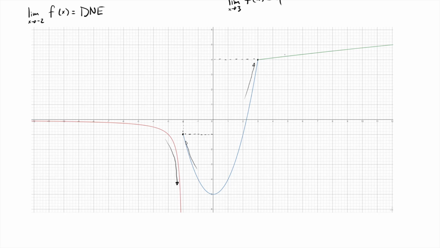And when we're approaching from the right hand side, we approach that same value of 4. Okay, and so that's what it actually means to have this does not exist, -infinity, or to have them converge to the same point. Okay, pretty cool to actually see that.